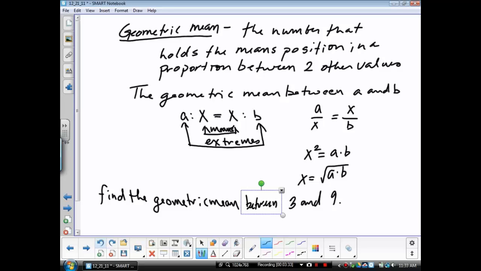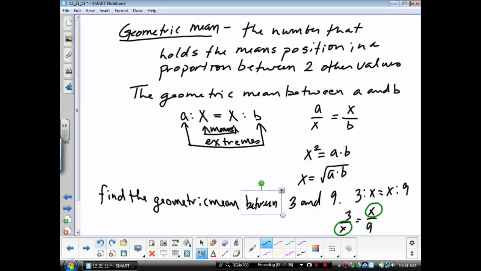Now I know that that geometric mean will be in the means position between 3 and 9. So in a proportion it will be 3 is to x as x is to 9. Or in fraction form, 3 is to x as x is to 9. Notice how in fraction form the means position is lower left, upper right.